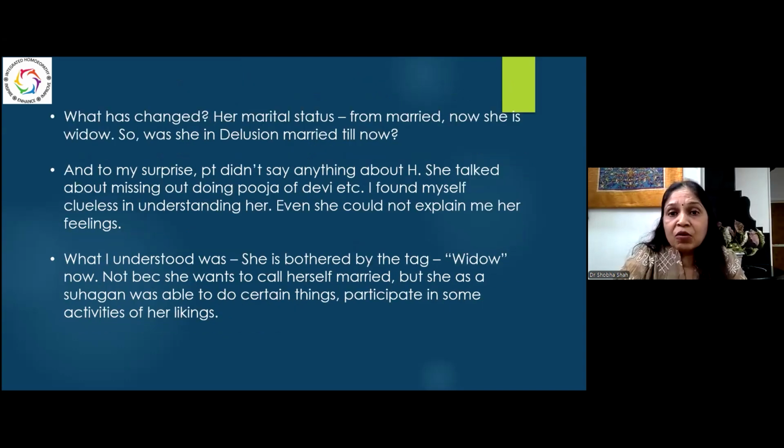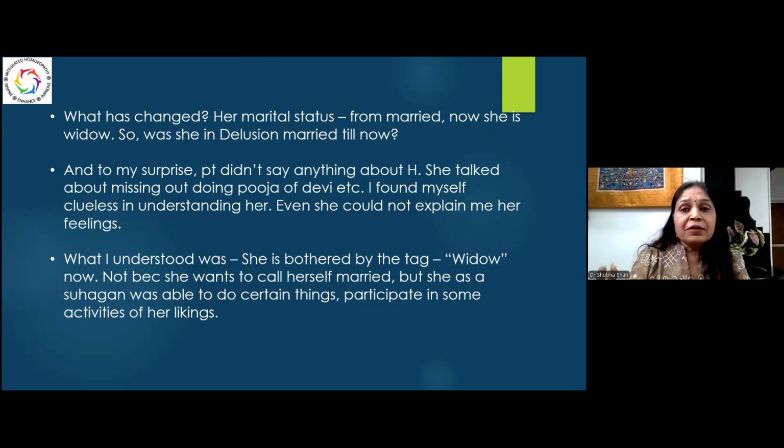But when I asked her about this, to my surprise, the patient talked all about that Devi and everything. And I felt, now this is something else. It is not about the husband's death. The grief is not about the husband's death. It is something else which the patient is pondering in her mind and feeling pain about, and which she is not able to explain in detail.